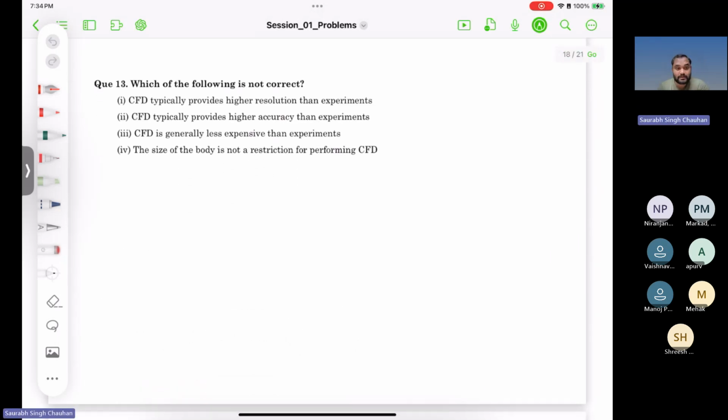Question number 13. Which of the following is not correct? First option says CFD typically provides higher resolution than experiments. Answer is yes. In experiments, there are limits on resolution, right? For example, if you want to visualize a flow, then what do we use?